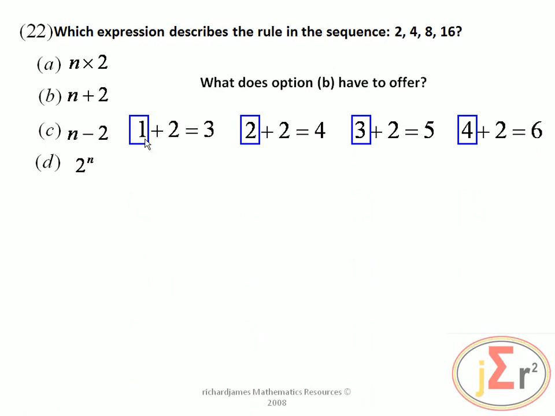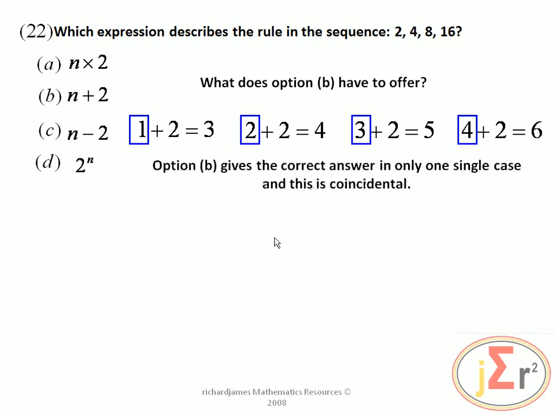So what is n? 1. 1 plus 2 is 3. 2 plus 2 is 4. 3 plus 2 is 5. So all the time we are adding 2 to the counting numbers as it is stated there, n, the counting number, plus 2. Option B gives the correct answer in only one single case, and this is by chance, coincidental.